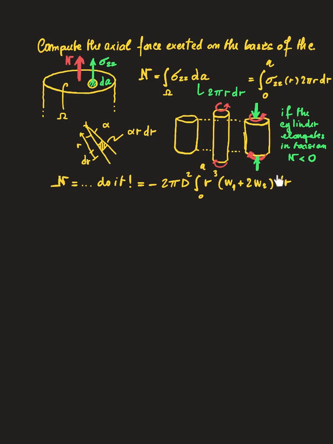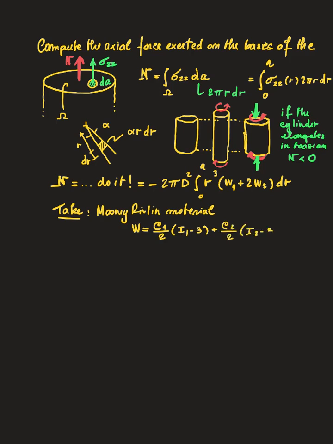In fact, imagine you take a Mooney-Rivlin material. We need to make an example, and this is a very similar conclusion to the one you deduced with Michel in the simple shear. For a Mooney-Rivlin material, the energy, as you remember, is written as C1 divided by 2 times I1 minus 3 plus C2 divided by 2 times I2 minus 3.